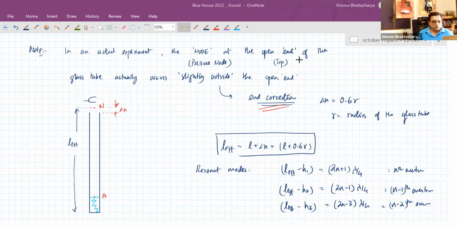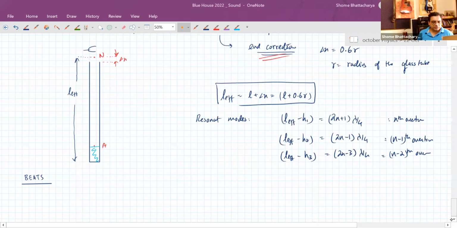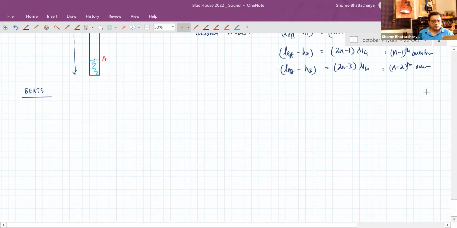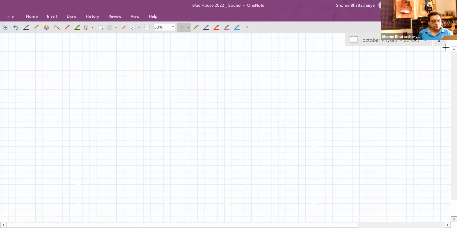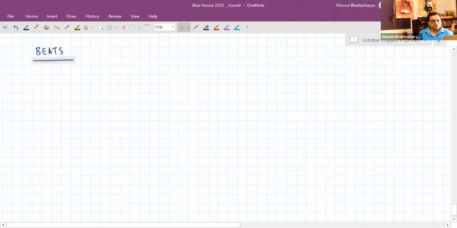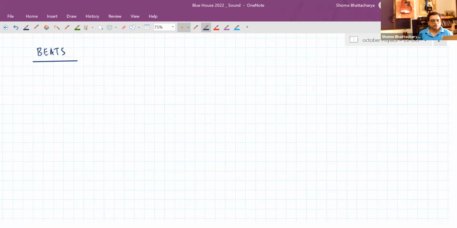Okay. So let's move on to beats. So as I said, beats is a very simple phenomena to understand. So beats occurs when there is superposition of waves, sound waves, but of different frequencies.